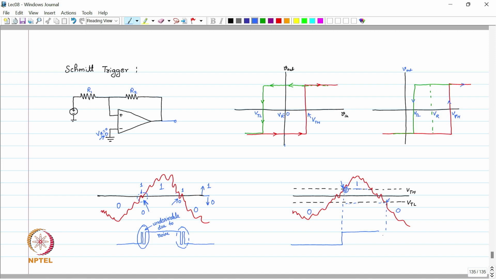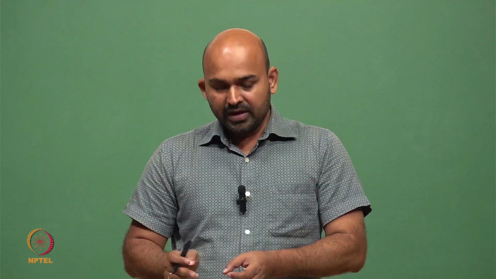So here this is 0, this is 1, and this is 0, which is the perfect case of what the signal should be, and we can remove all these noises inserted by the amplifier or generated by the sensor itself. So the Schmitt trigger is actually used to filter out these noises which are inherently there in the system.